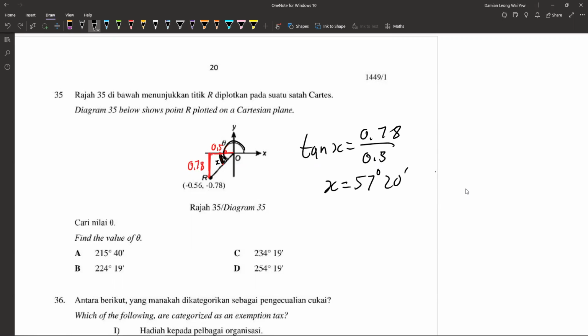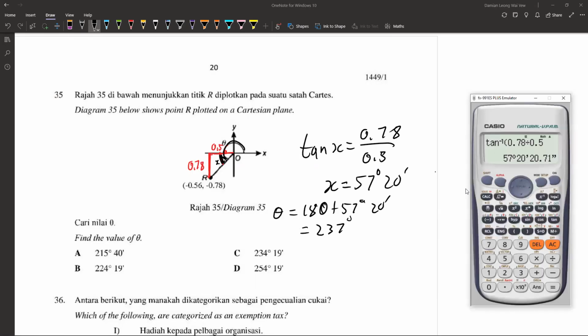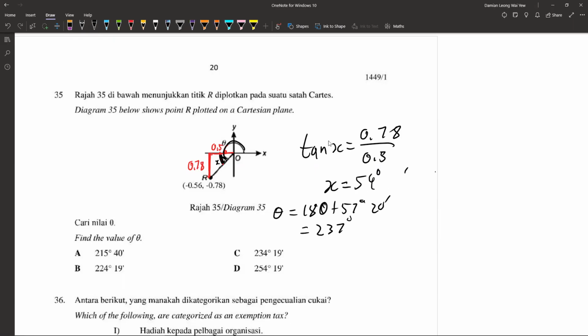I want all the way until here, which means 180 plus 54 degrees 19 minutes, so it's 234 degrees, 19 minutes. Answer C.